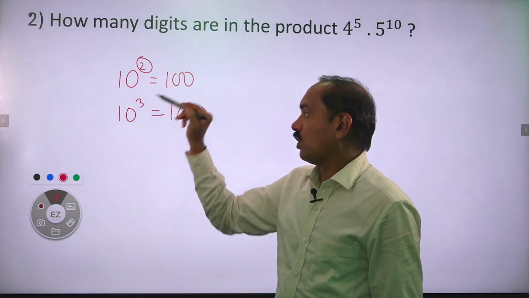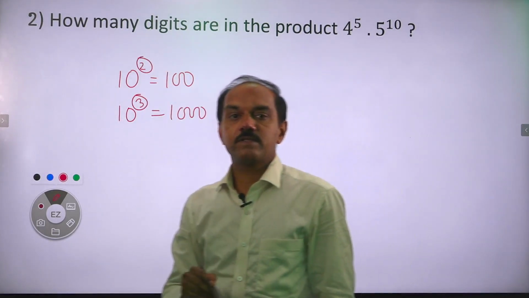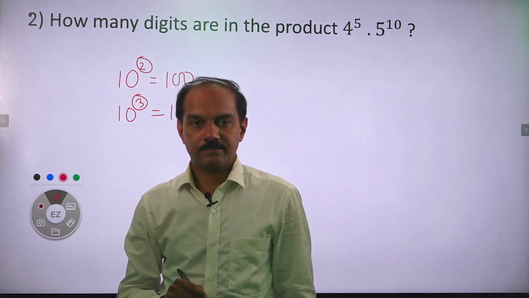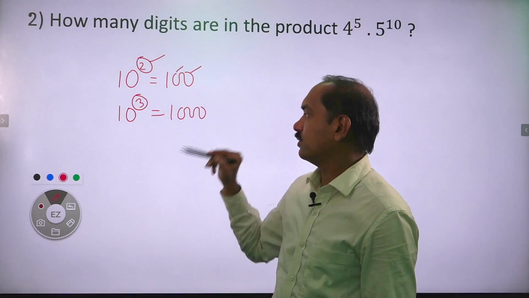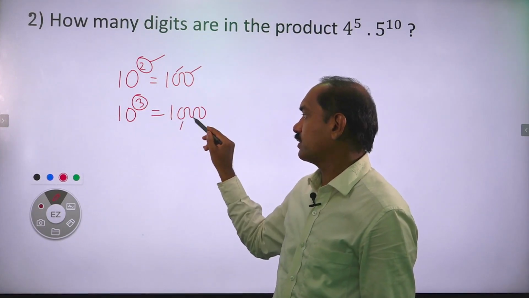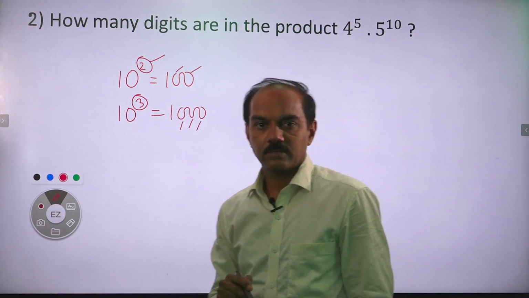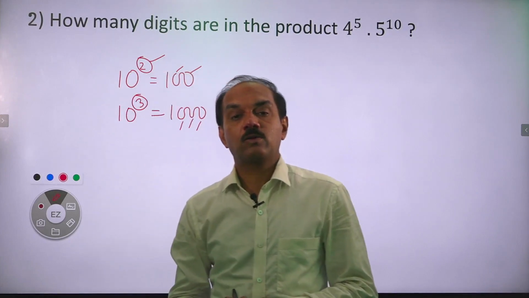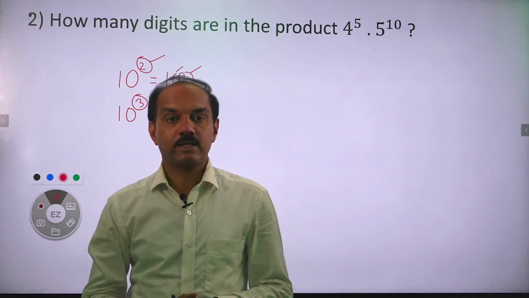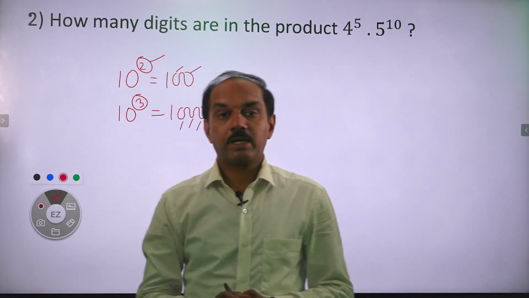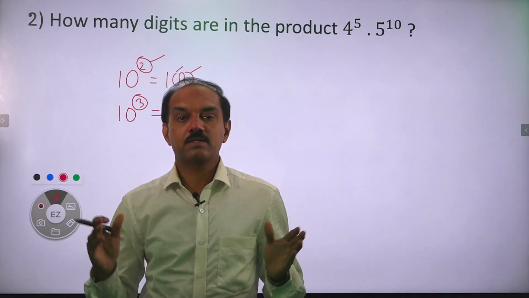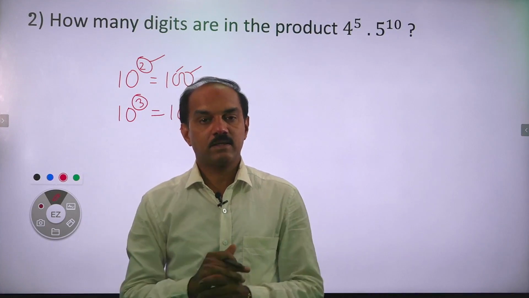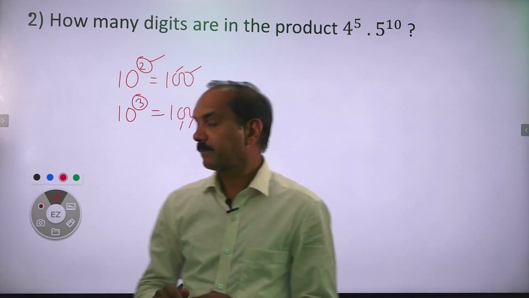This will talk about the number of zeros that we will get. 2 here, in front of 1 there are 2 zeros. 3 here, in front of 1, 3 zeros. So this is the trick to find out the number of zeros that we can get. Okay, but here we are not concerned with only the number of zeros, we are concerned with the total number of digits including zeros, right?